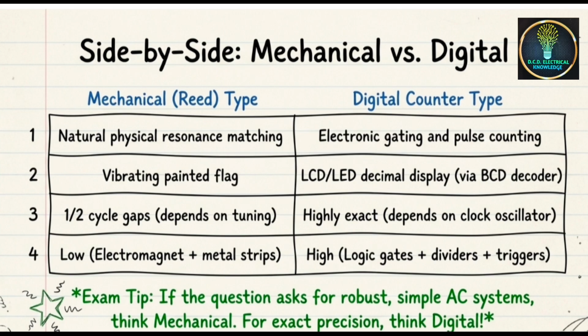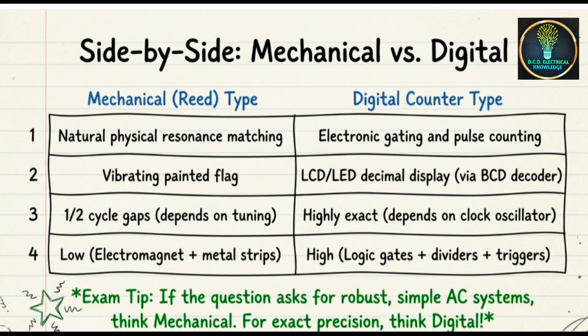Side by side, mechanical versus digital. Mechanical reed type and digital counter type. Number one: natural physical resonance matching, and electronic gating and pulse counting.